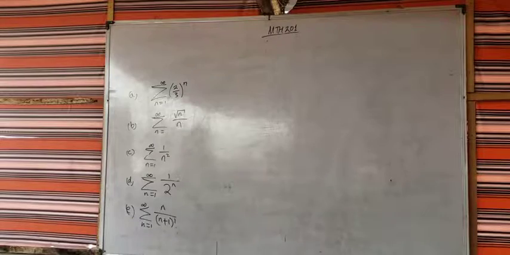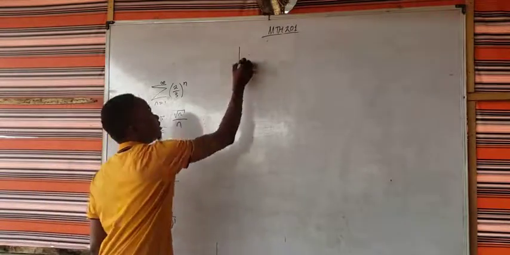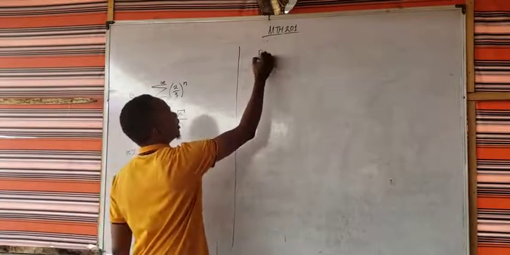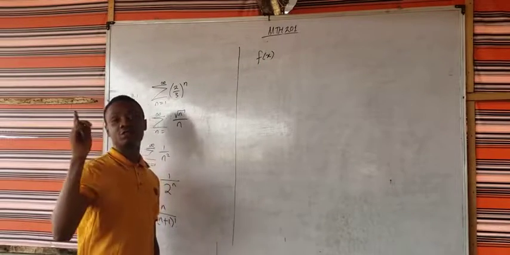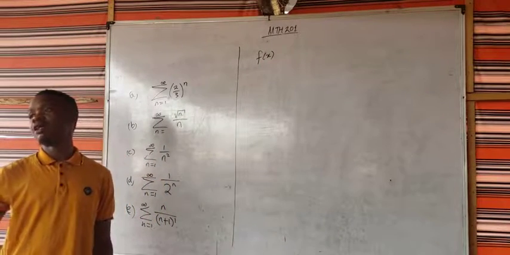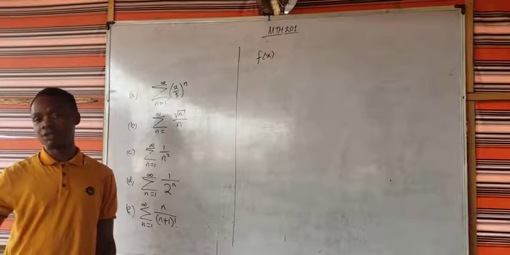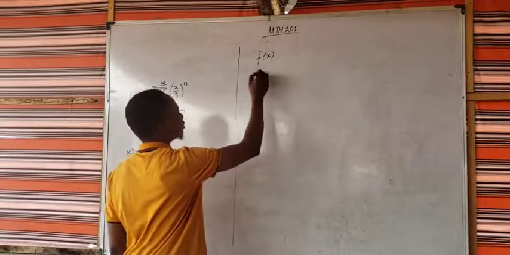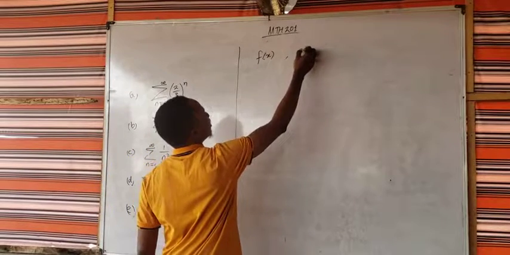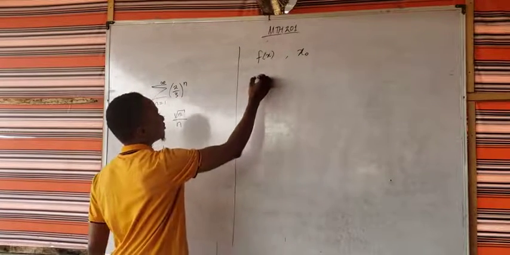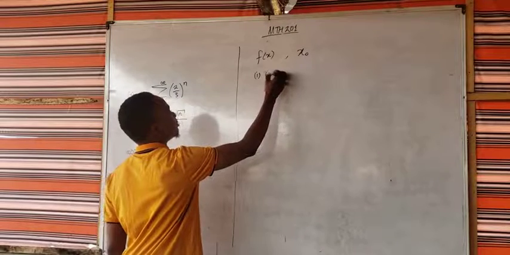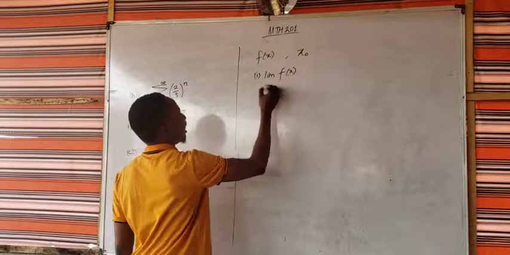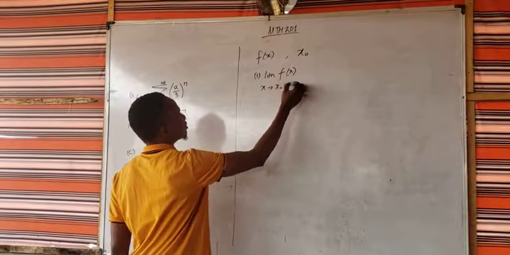Okay, continuity. Listen now. This is continuity for a single variable function. We've considered that of a two variable function under partial derivative. A function f of x is said to be continuous at a certain point x naught if, number one, the limit of f of x as x approaches x naught exists.